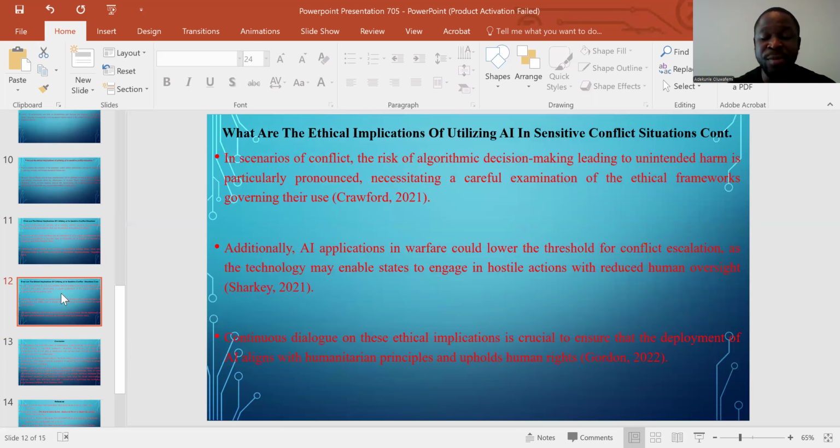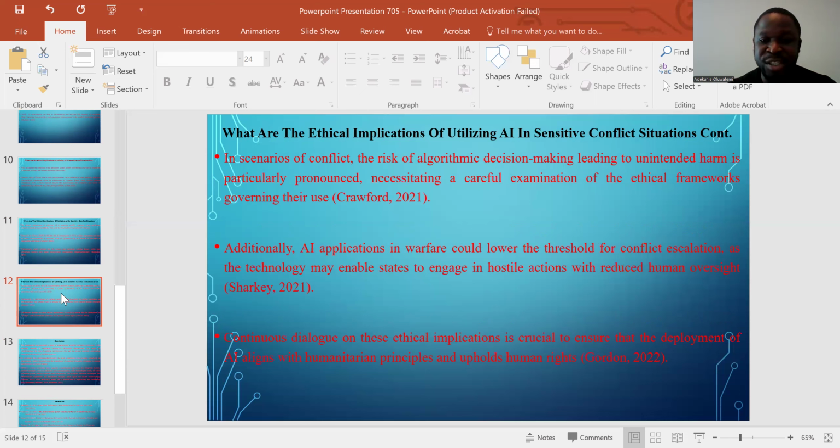So what are the ethical implications of utilizing AI in sensitive conflict situations? In scenarios of conflict, the risk of aggravated decisions leading to unintended harm is particularly pronounced, necessitating a careful examination of the ethical frameworks governing their use.